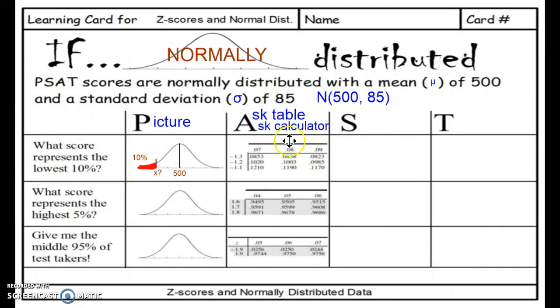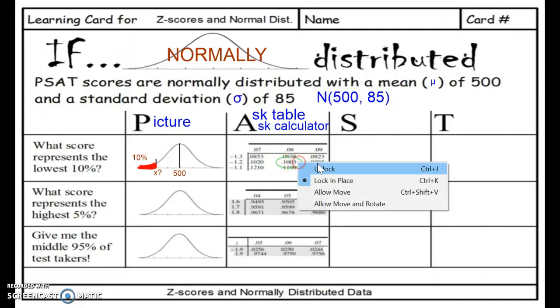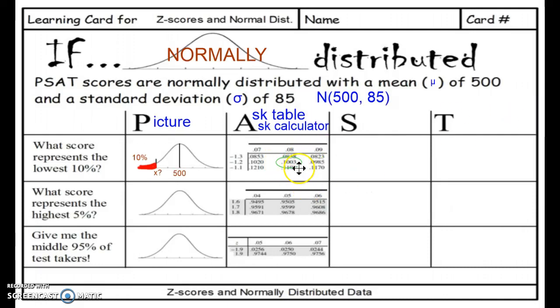In the table here, what I see is that the closest value to 10% is right here in the middle at 0.1003. So I've got that 0.1003 circled right there. Now, what is the z-score that goes along with it? Starting over here, negative 1.2 and then 0.08.